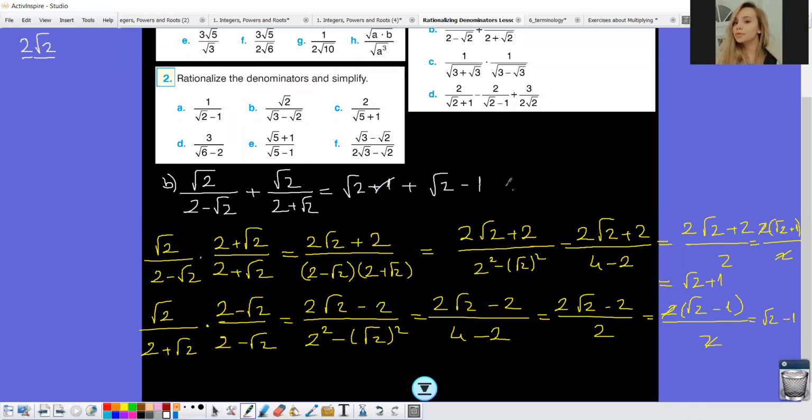Plus 1 minus 1 will go. I have 2 root 2 as a result. Yes, you had the same answer. Who didn't have can check what is the mistake, or if you didn't understand, ask me.